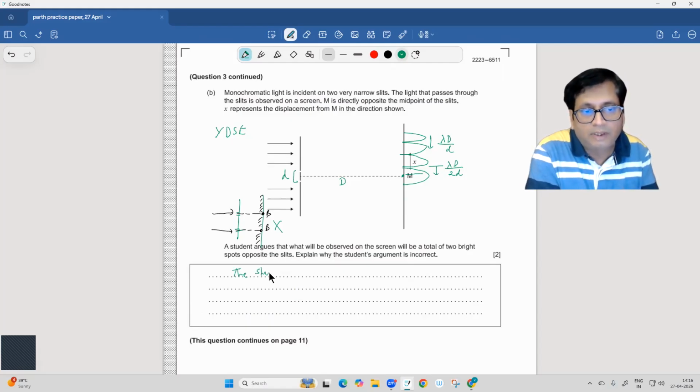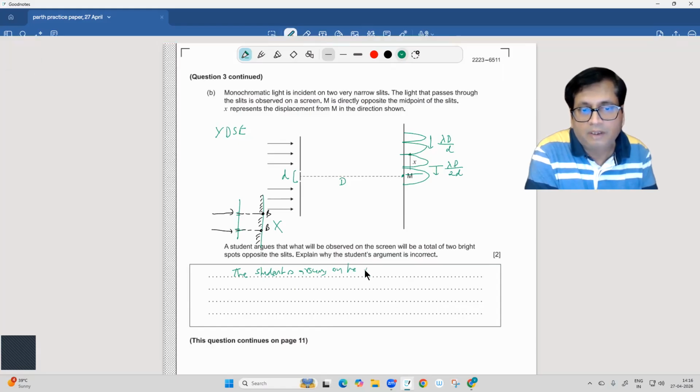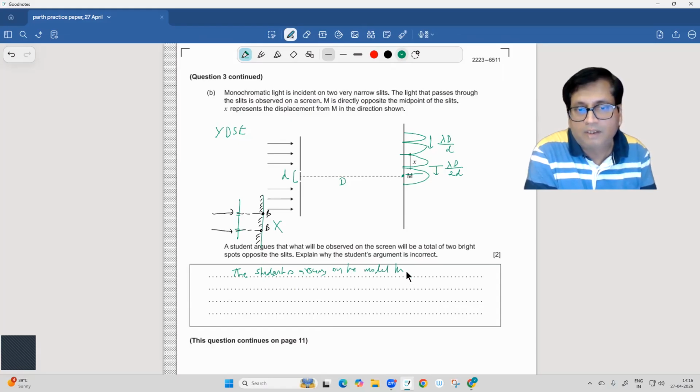The student is arguing on the model that light travels in a straight line.